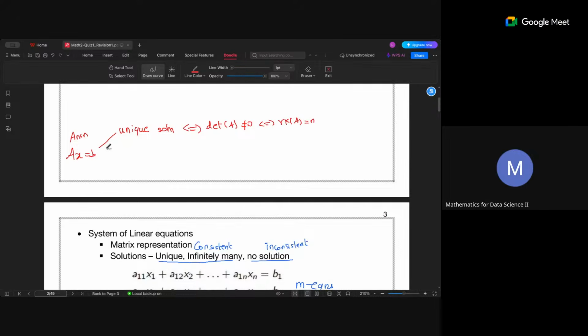Now, if you have infinitely many solutions or no solution, in this case the determinant is 0, and the rank of A is strictly less than n. This is the usual condition we have for any system of linear equations.